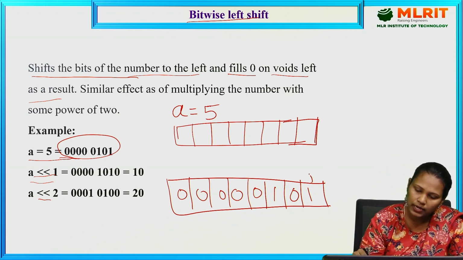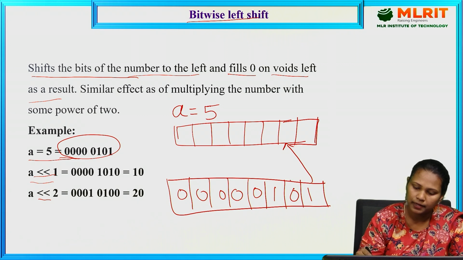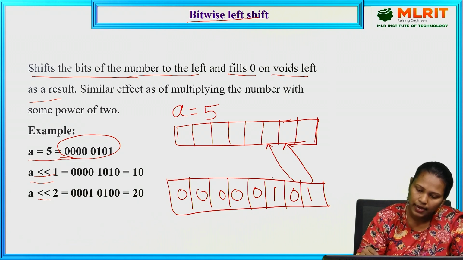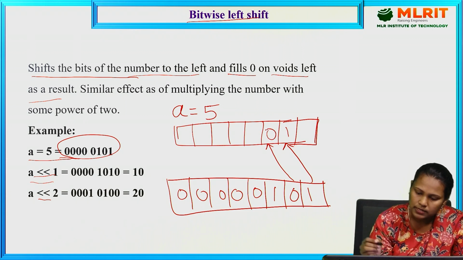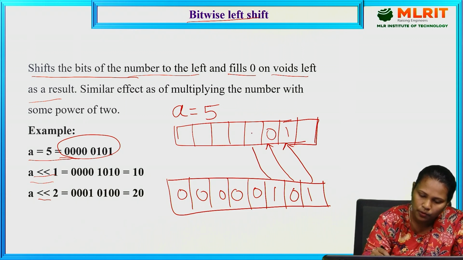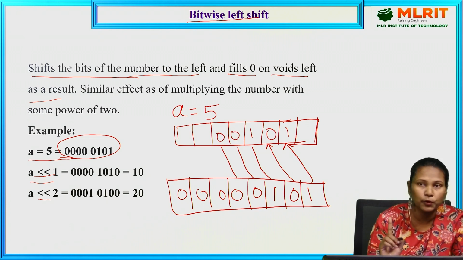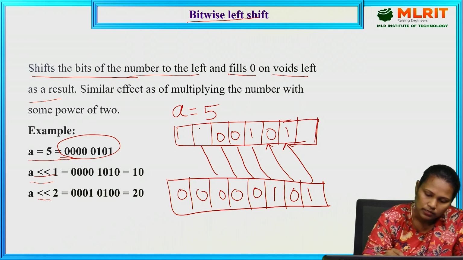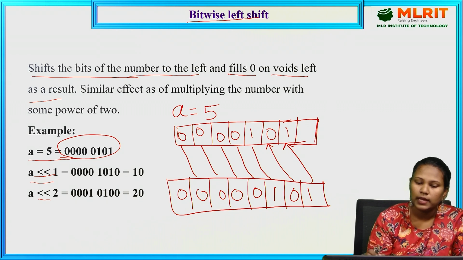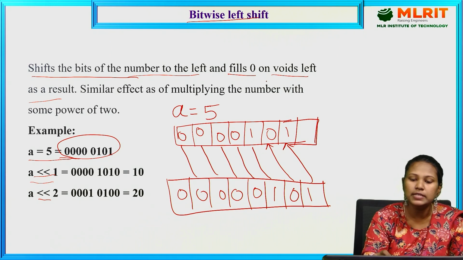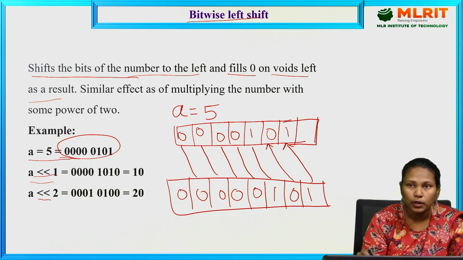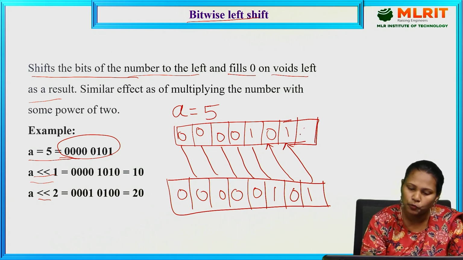So now the 1 is placed here and 0 is placed here, and again 1 is left shifted, 0, and again we are moving. We are performing one left shift. In this empty place, it shifts the bits of the number to the left side and fills 0 on the voids. Means the remaining empty places we have to fill with 0.